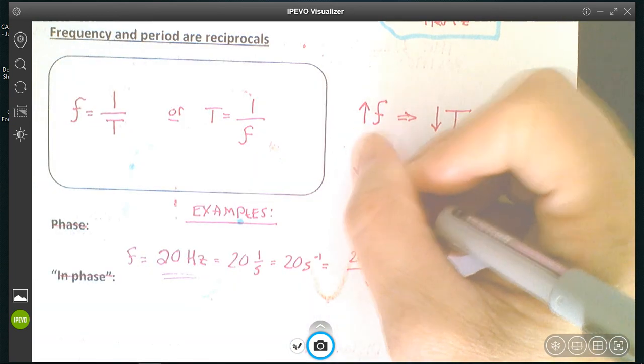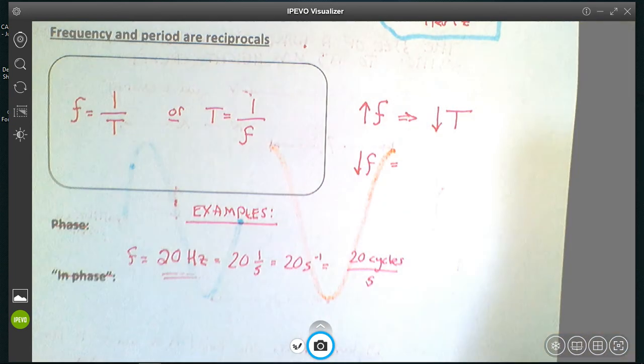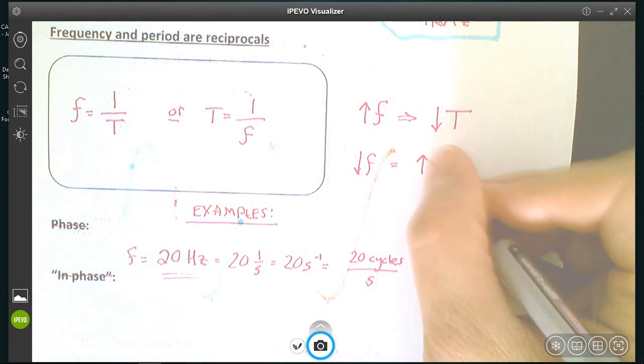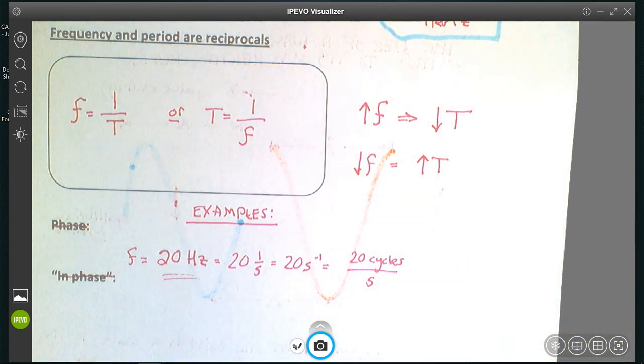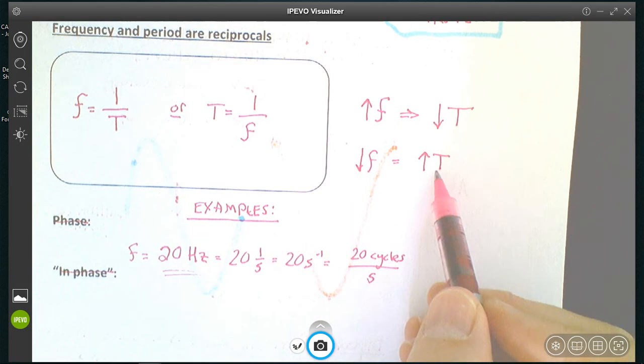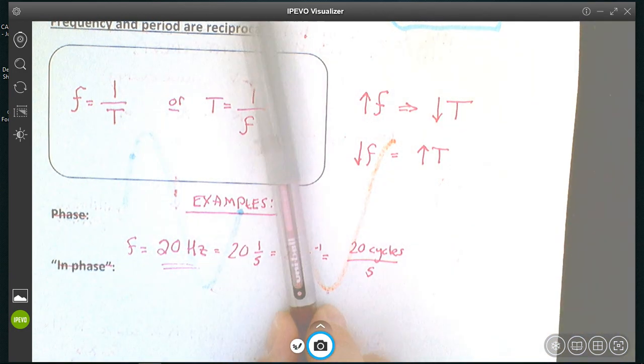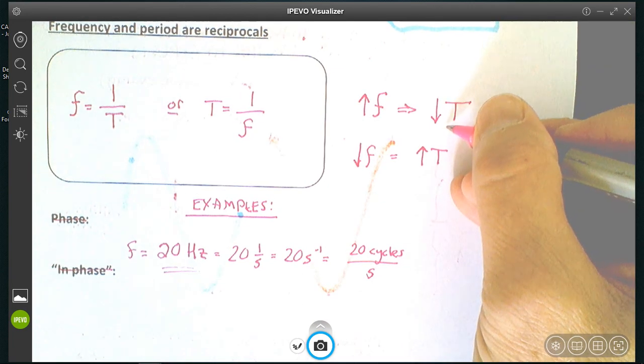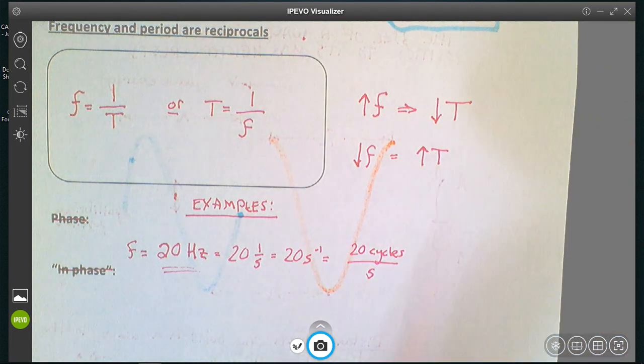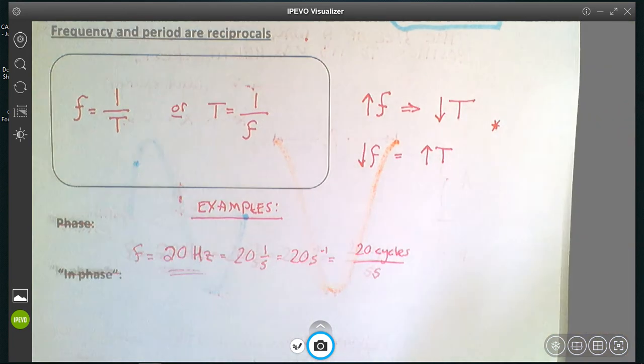If you decrease the frequency, meaning reduce the number of cycles per second, you will increase the time for the period to happen. Like a big Spider-Man swinging back and forth, or a pendulum swinging back and forth, has a low frequency, which means it takes a long time for the period to happen. Me taking the pen and going back and forth really fast has a high frequency, therefore the time for 1 cycle is really small. This is a super important point to recognize.